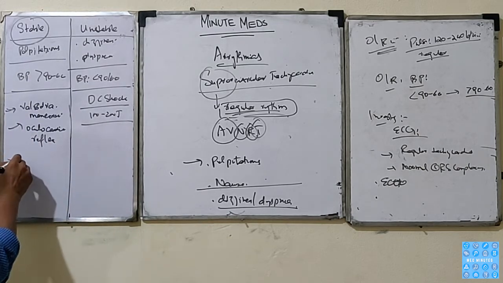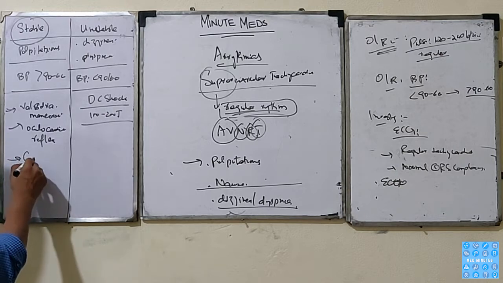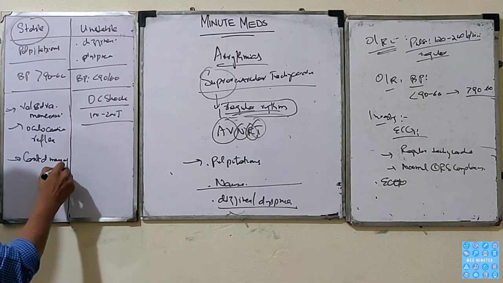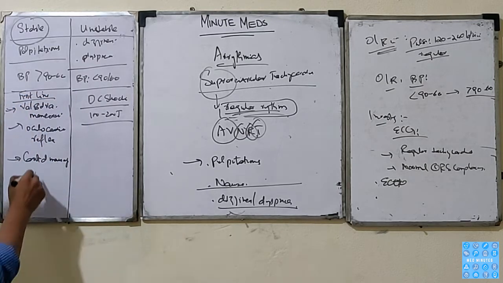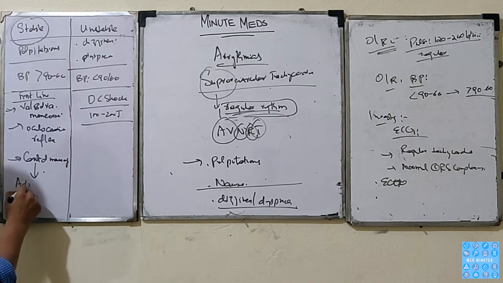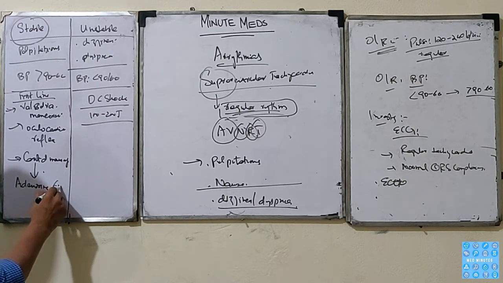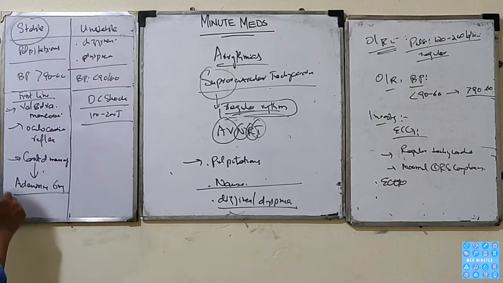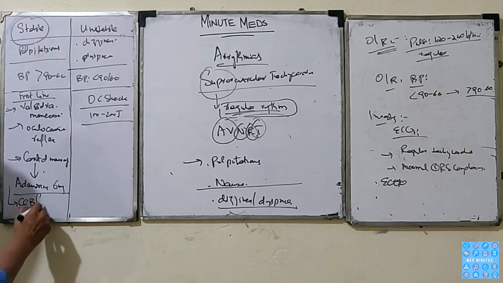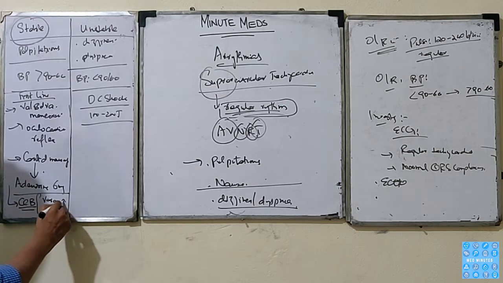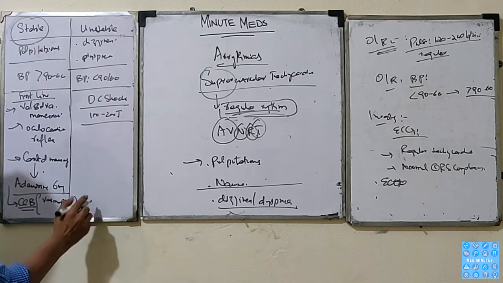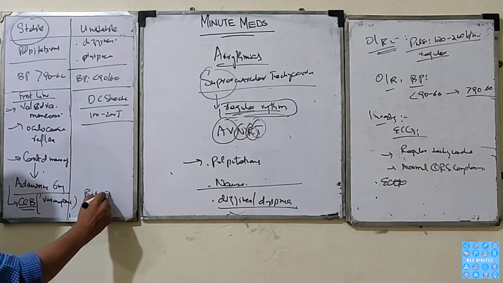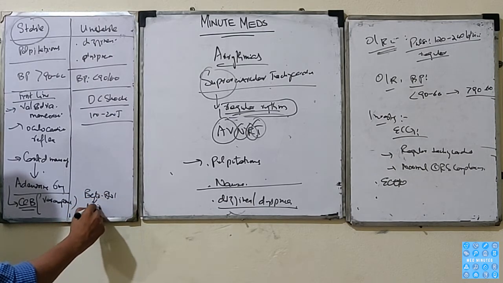Then there are other methods like carotid massage. So these are the first line treatments. If these don't help in a patient, then we go for pharmacological treatment like adenosine. We give 6 milligrams and we can repeat the dose. Or we can go for a calcium channel blocker in the IV form like verapamil. Or we can go for a beta blocker, like metoprolol.